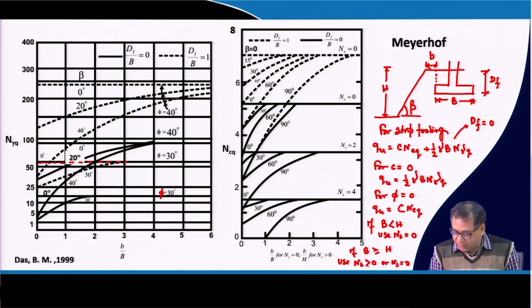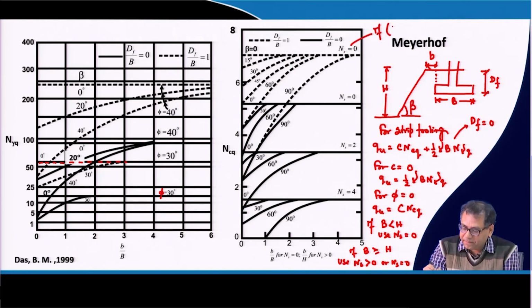So, now if B is less than H, then you use only Ns equal to 0. That means these two cases. This is also applicable if B is less than or equal to H and if B is greater than or equal to H. So, both the cases it is applicable, but it is applicable for Df by B equal to 1.